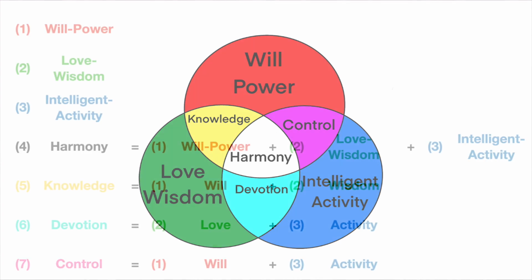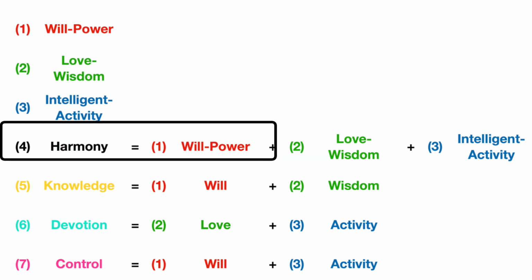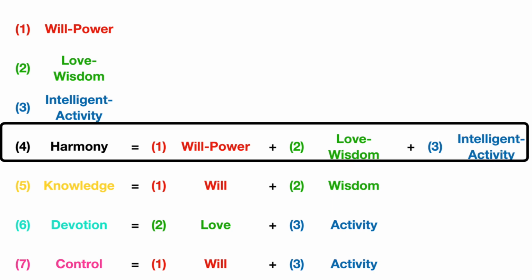This same relationship can be viewed as a table of relationships. The primary rays are numbered by their attributes. It can be seen from the equation that 4, harmony, is a function of 1, will, plus 2, love-wisdom, plus 3, intelligent activity.